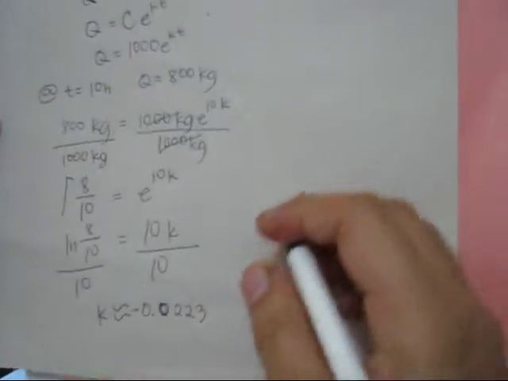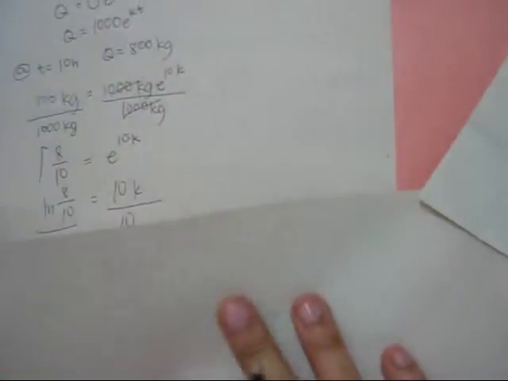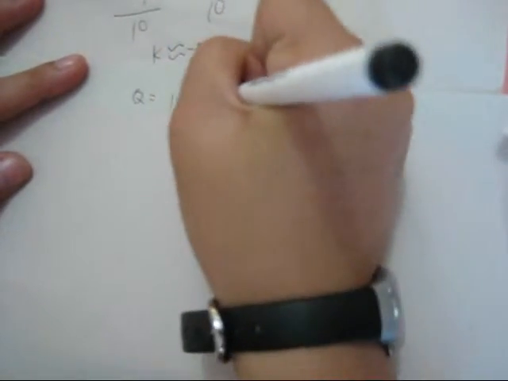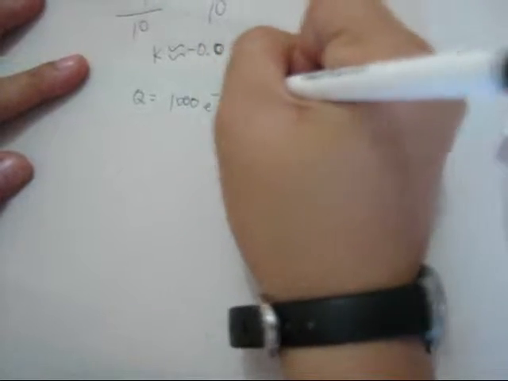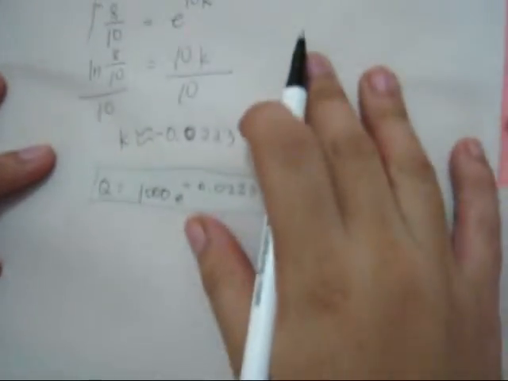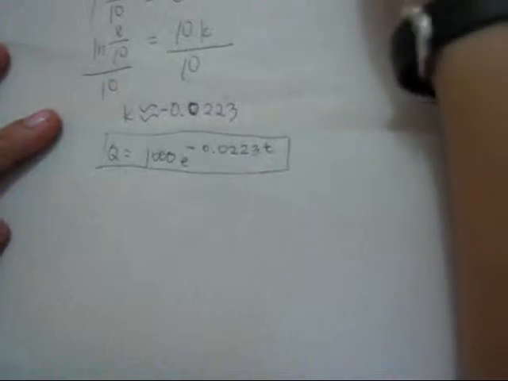0.0223. So, going back to our equation, Q is just 1,000 e to the negative 0.0223t. So this is the equation. But we're asked to find the remaining sugar at the expiration of 24 hours.